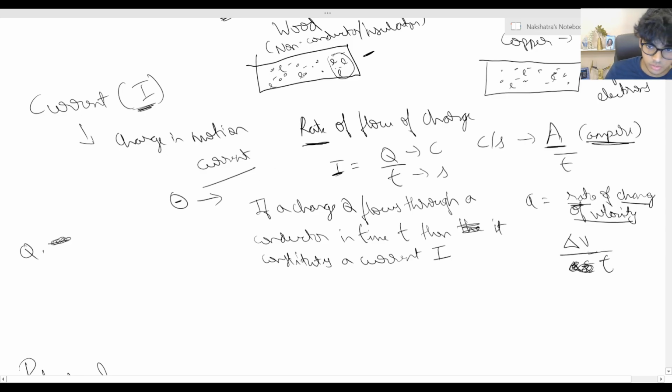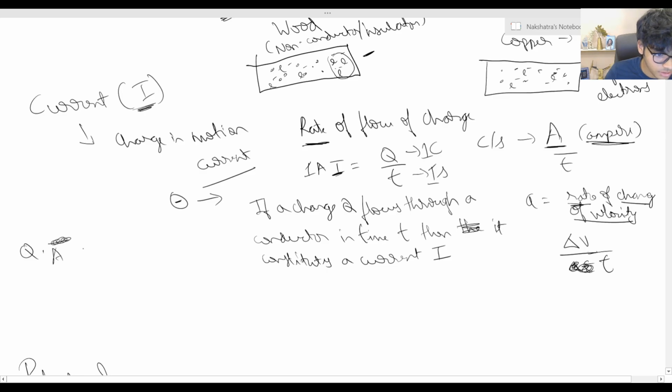So now we know that 1 ampere of current will be said to flow through a conductor if 1 coulomb of charge flows through the conductor in 1 second. So if this charge is 1 coulomb, this time is 1 second, then we will get the current as 1 ampere.